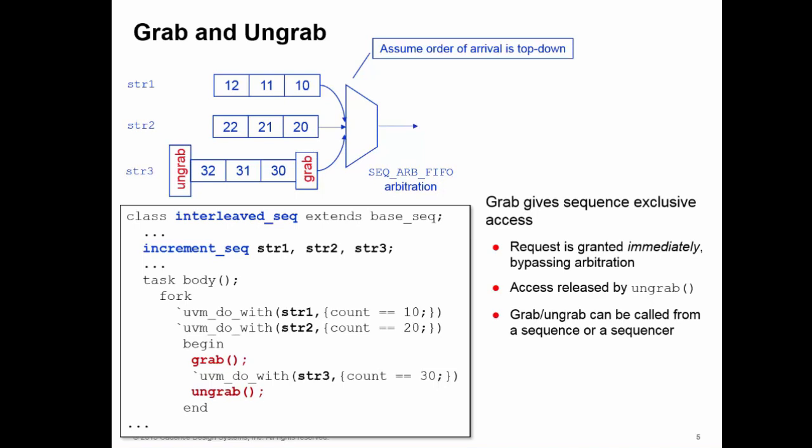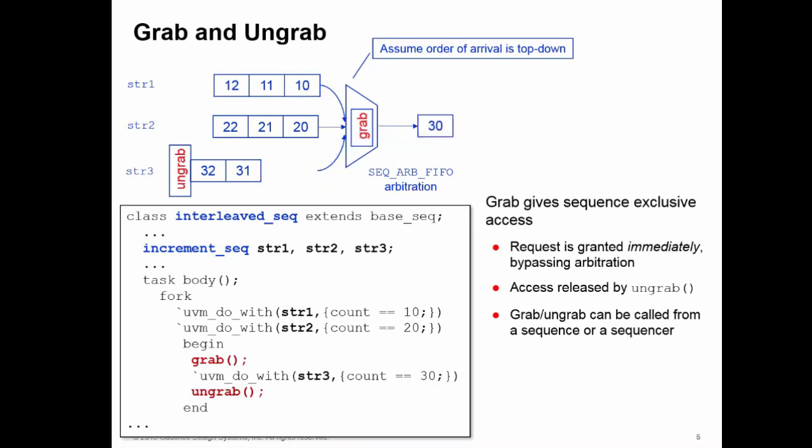So again, we have the arbitration method SEQ arb FIFO for our sequencer. This normally executes items top down. We assume the order of arrival is top down here for the items, but now because we have a grab waiting to be executed, the grab is immediately executed. The grab bypasses any arbitration to immediately grab control of the sequencer.